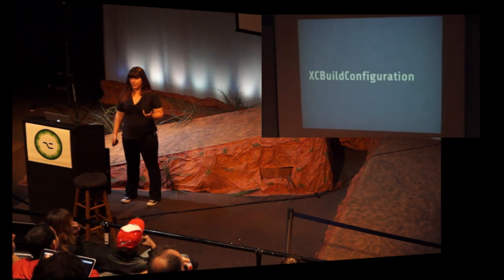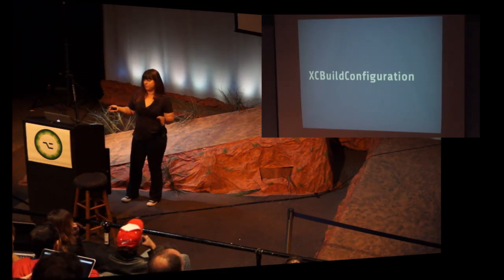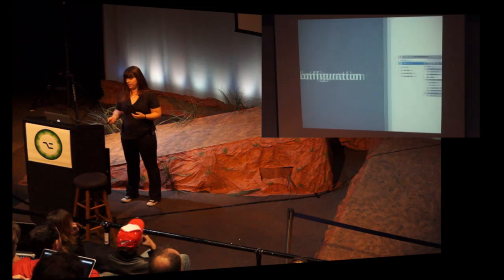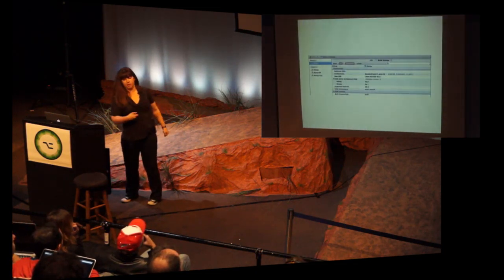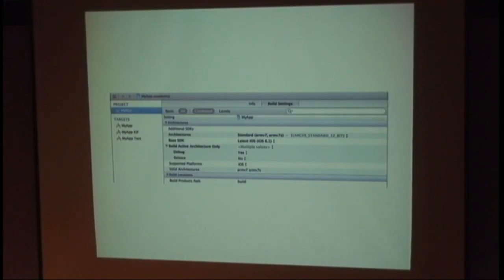The first is XC build configuration. I'm going to refer to these all by class now, because you can literally just do a search on your PBXProj and you will be able to see this stuff. And one thing to note here is that this is always a diff.